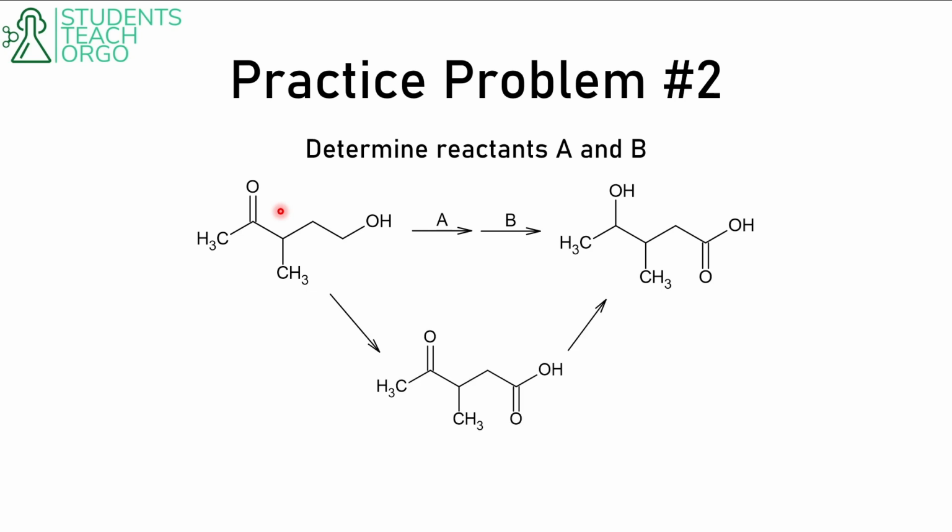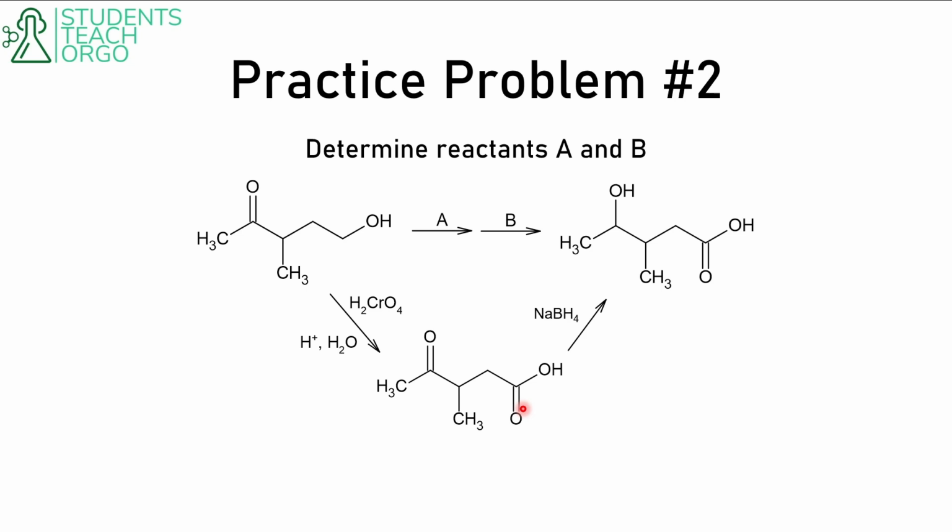And this is why. If I use the Jones reagent first, then what I end up doing is I oxidize this alcohol to the carboxylic acid, and I still have this ketone here, right? And then between the two options we had for reducing this ketone group on the left-hand side, I can use either lithium aluminum hydride, which would reduce the carboxylic acid now that we have, which we don't want to happen, or we can use sodium borohydride, which again will leave the carboxylic acid alone, right?